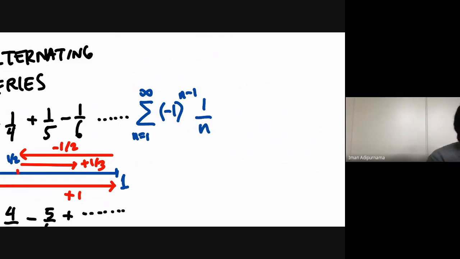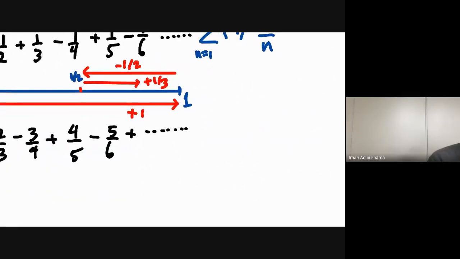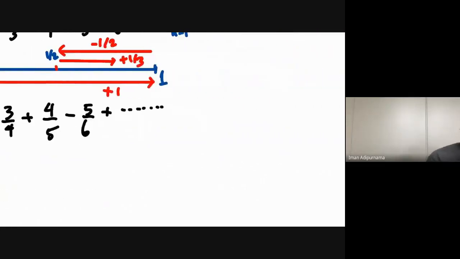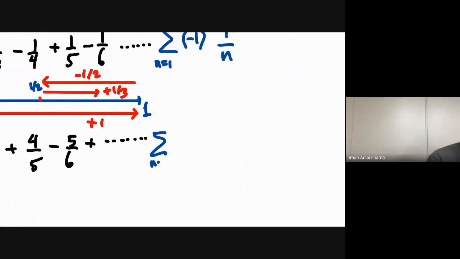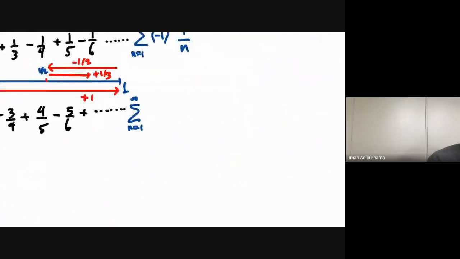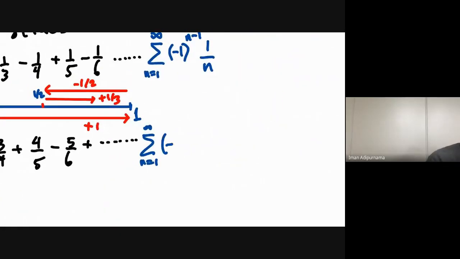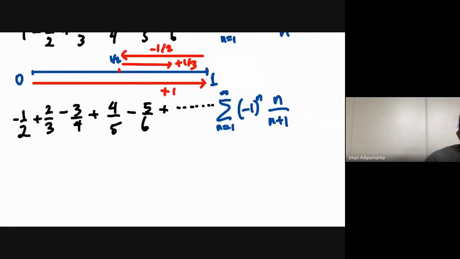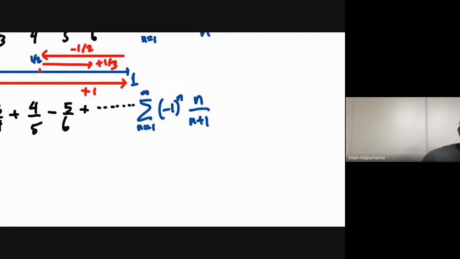It can be other forms also, but I will choose this way because it's easier to approach. The second series, -half plus 2 over 3 minus 3 over 4, etc., because it starts with the negative, will be (-1)^n times n over n plus 1. So when n is 1, it's 1 over 1 plus 1, so it's -1 over 2.